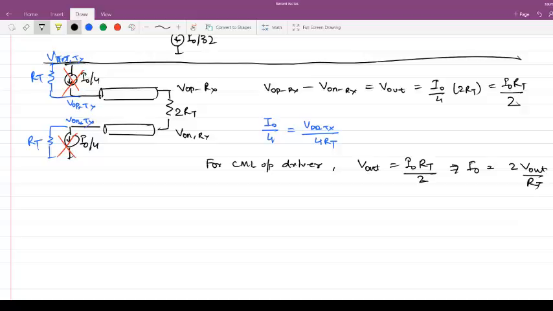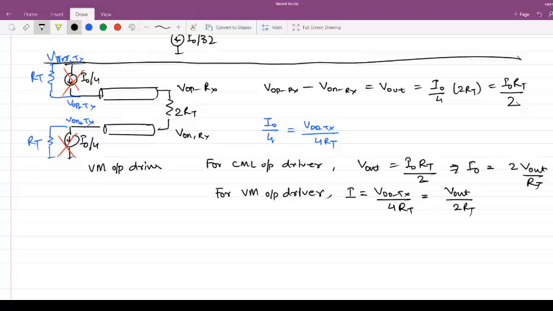Okay. Now for the output driver which I have drawn, which is also called the voltage mode output driver, we will see this in much more detail. For the voltage mode output driver, your current is equal to VDD-TX divided by 4 RT, and VDD-TX by 2 is actually your V out, so this is V out by 2 RT, right?